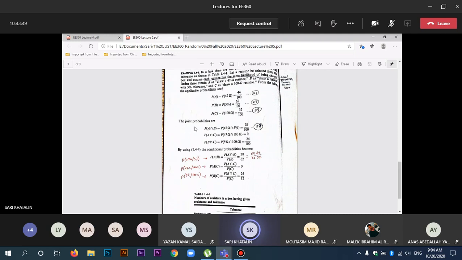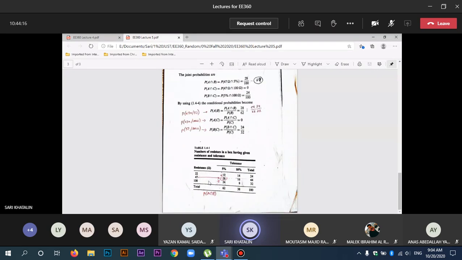Now the joint probability. How do we find the joint probability? It is the intersection between event A and event B, the first one. The joint probability of A and B will be the intersection of A and B. So let me give you an example, the first one. The joint probability of 47 ohm and 5%.